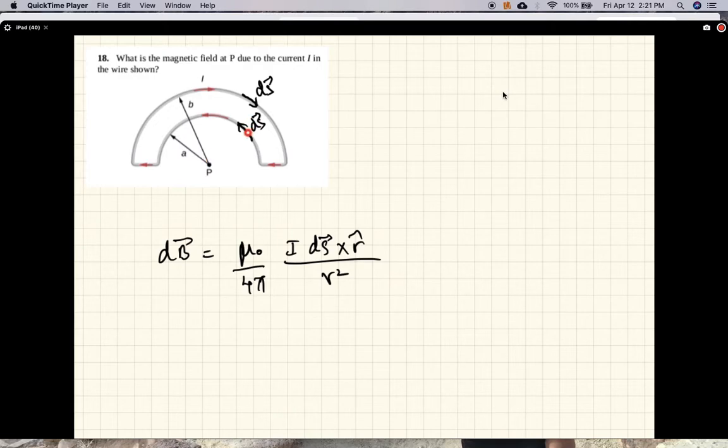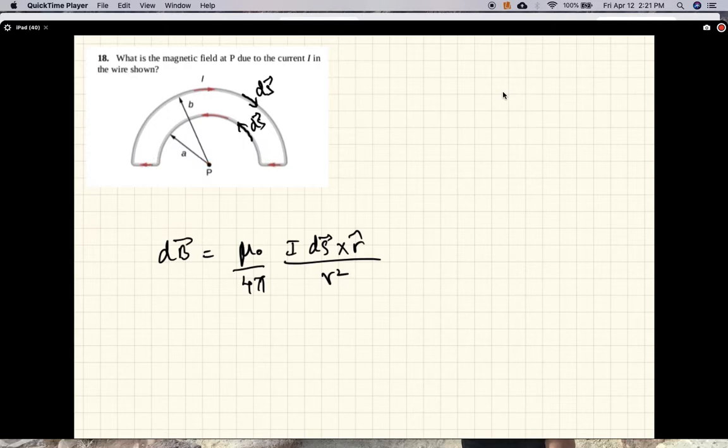However, this element is closer, so this element will produce a stronger field there. So the net field at point P will come out of the page. Now, also from this equation, from the cross product, you realize that these two elements do not produce any magnetic field there.